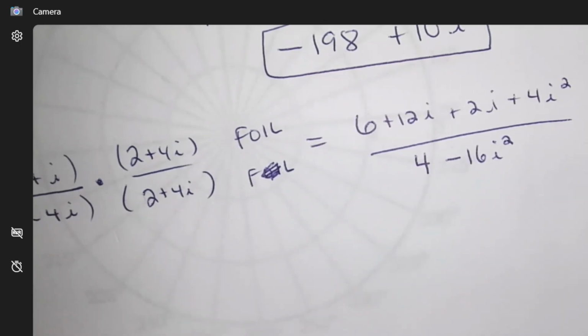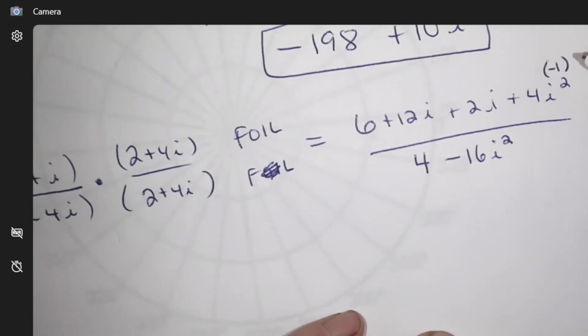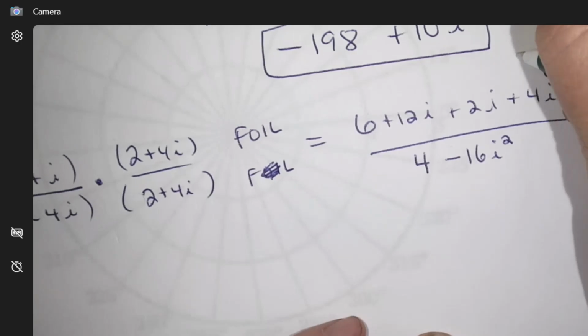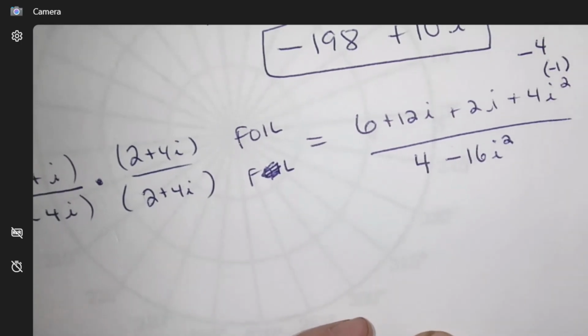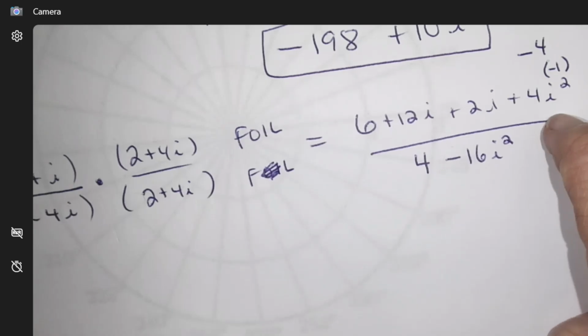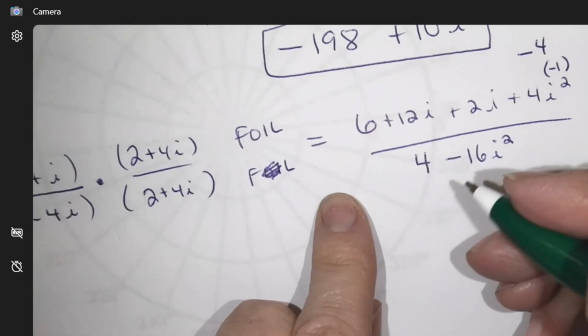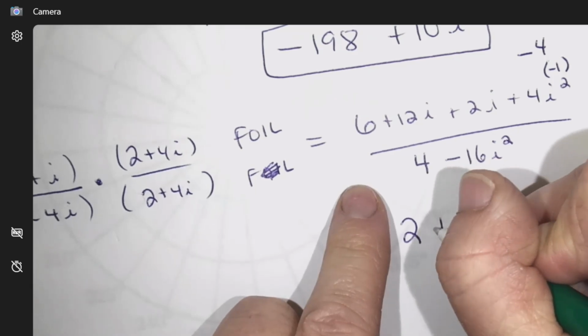Okay, so now I will look for any I squareds because we can change those to -1. So this is going to end up being a -4 right there. So here's what I'm doing. 6 minus 4 is 2.